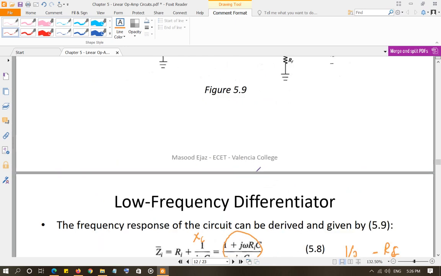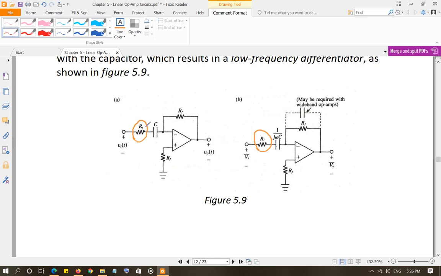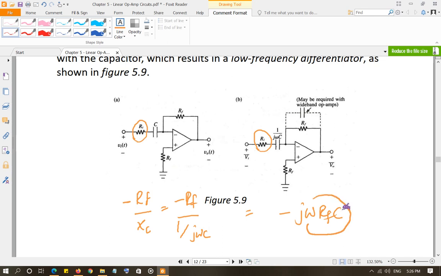Because if I go over here again, and if I don't have R input over here, then basically my gain is going to be negative RF over X C, or negative RF over 1 over j omega C, or negative j omega RFC. That's going to be my transfer function for the true differentiator circuit. So my magnitude for this is simply omega RFC.